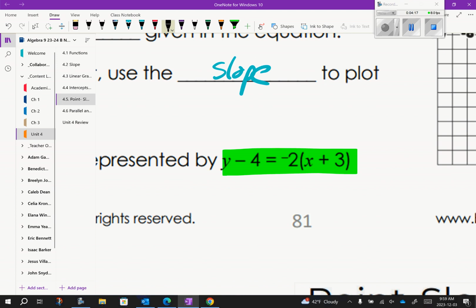Well, that means our slope is negative 2, which of course, again, we looked at this before. Turn that into a fraction. So negative 2 over positive 1. Now, here's the tricky part. We said y minus 4 is where it started here. So that means the y coordinate of our given point is 4.